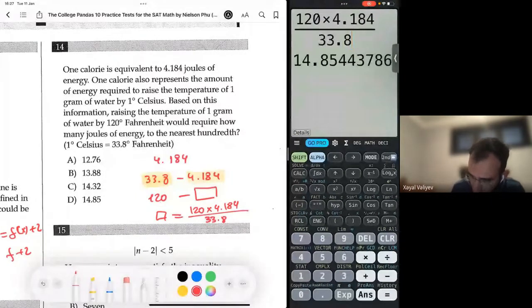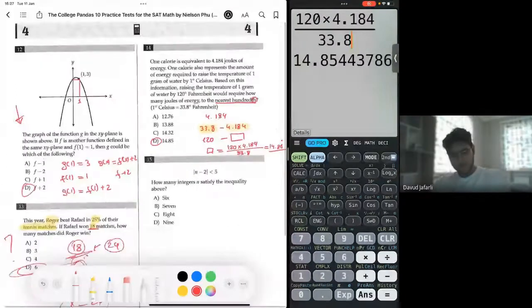The answer I got is 14.85, and so on. Asking for the nearest hundredths, basically two decimal places. 14.85, that's the answer. Hundredths. Okay, that's D. Got it? Okay.